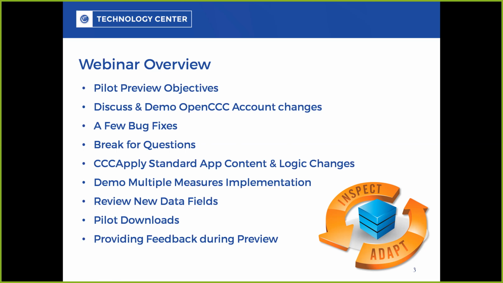So I just wanted you to know that we heard you and we've made those changes. Then we'll jump into what we're all here for, looking at the multiple measures implementation, the area B logic change, and a couple other on-screen changes that students will see.